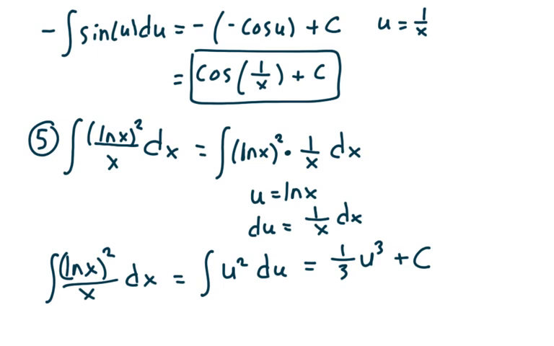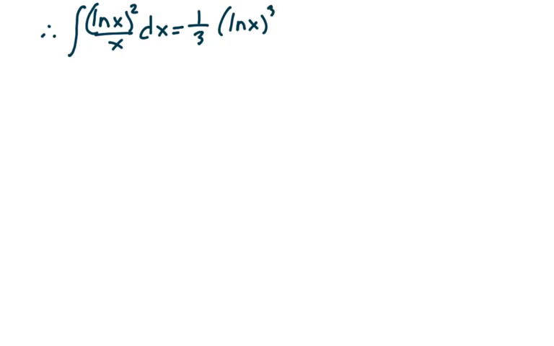But remember, u is ln x. So therefore, the integral of natural log of x raised to the second divided by x dx is 1/3 times natural log of x raised to the third plus c. And that's how you do problem number 5.